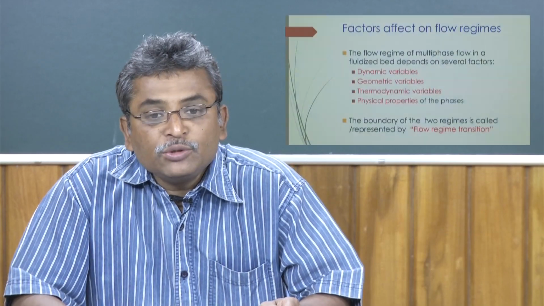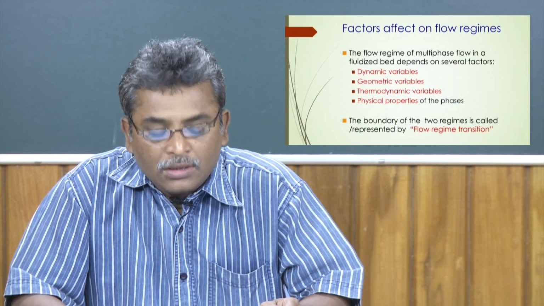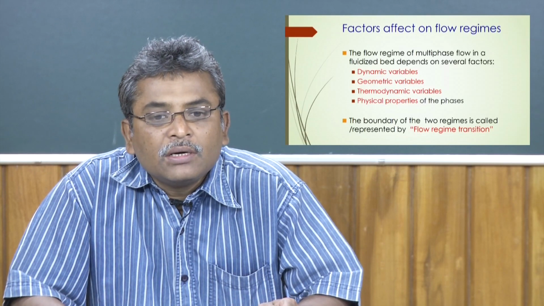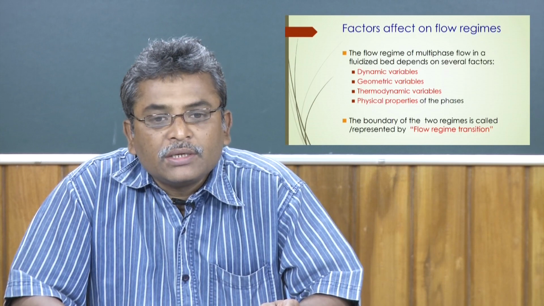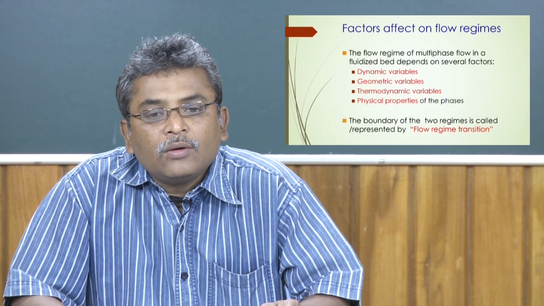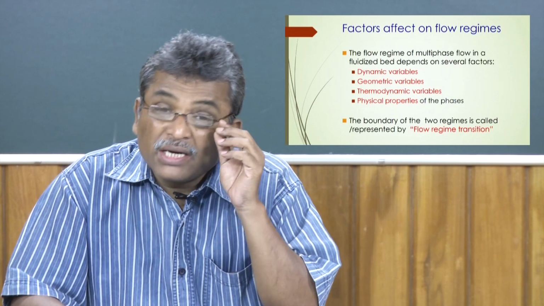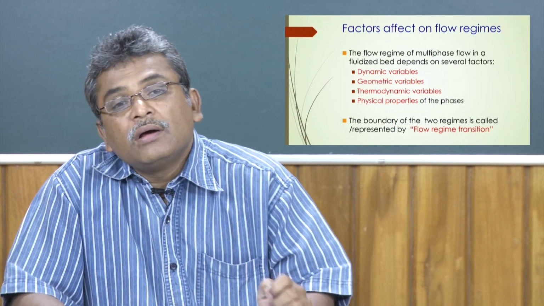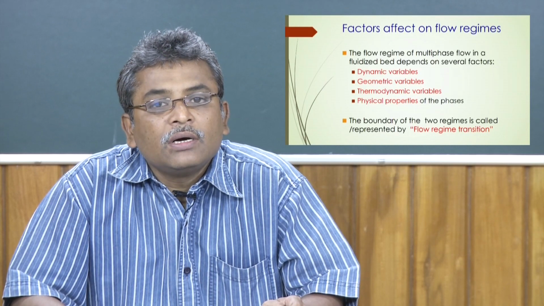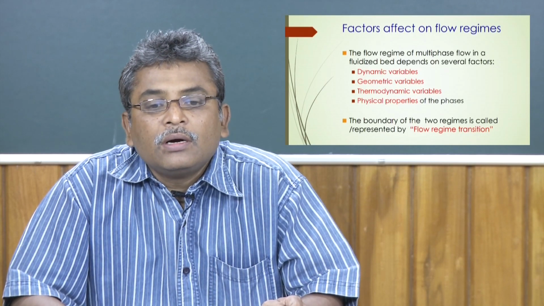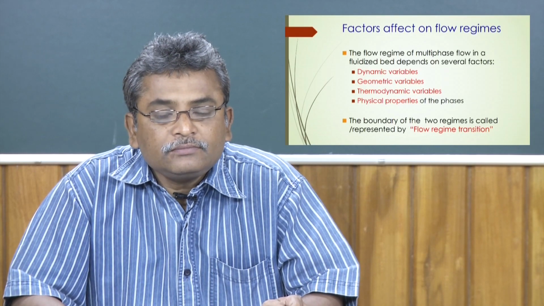And geometric variables, of course: what is the diameter of the bed, what is the cross sectional area of the fluidized bed, what is the particle diameter, and what is the pore diameter of the distributor through which the fluid is distributed into the fluidized bed.